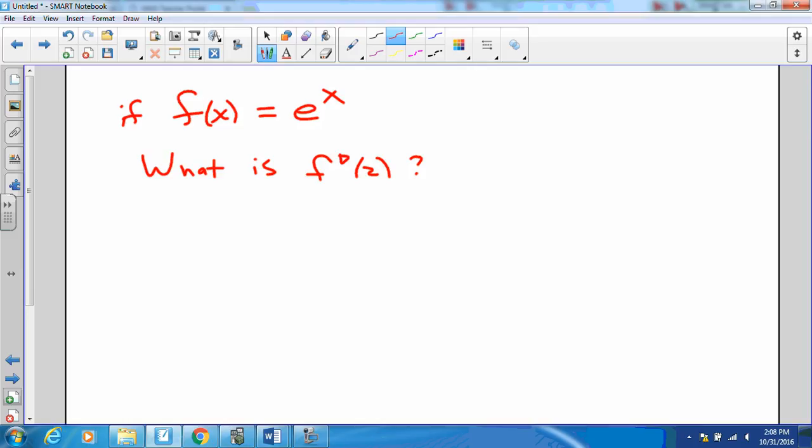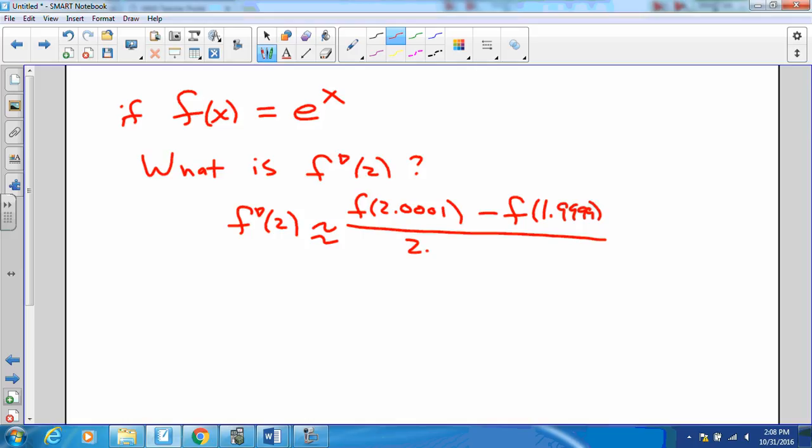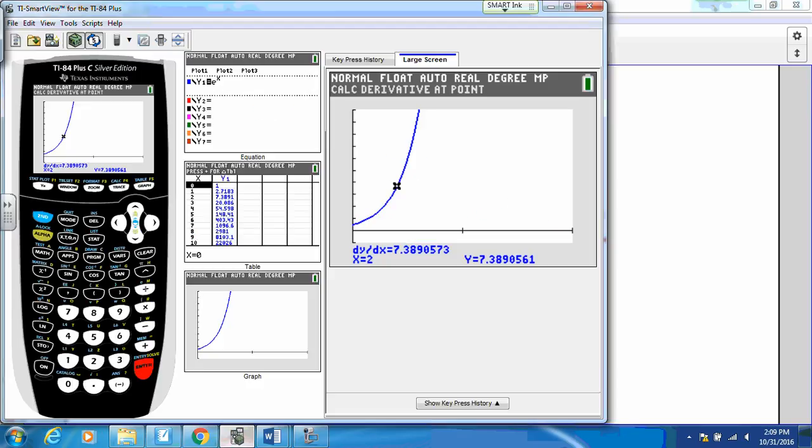Because I do not have a derivative rule for this, and so I'm going to estimate the derivative by picking two values that are close to 2 on either side of 2. And what are the two values that I can pick that are closest to 2 using my 4 decimal place standard? Exactly. And what's the one on the other side? Exactly. There it is. That's my estimate.